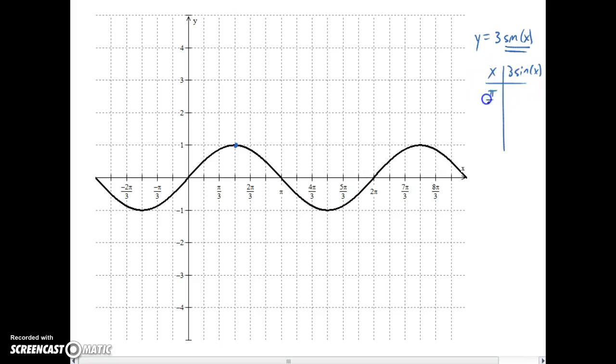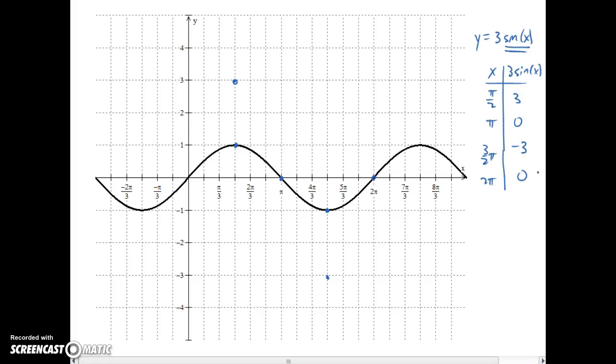At pi halves, we were at 1, so we're now at 3. And at pi, we started out at 0 on the graph, so that's going to stay at 0 because 0 times 3 is 0. Here at 3 halves of pi, we're at -1, so when we multiply it by 3, we get -3, and then back at 2 pi, we're at 0 again.